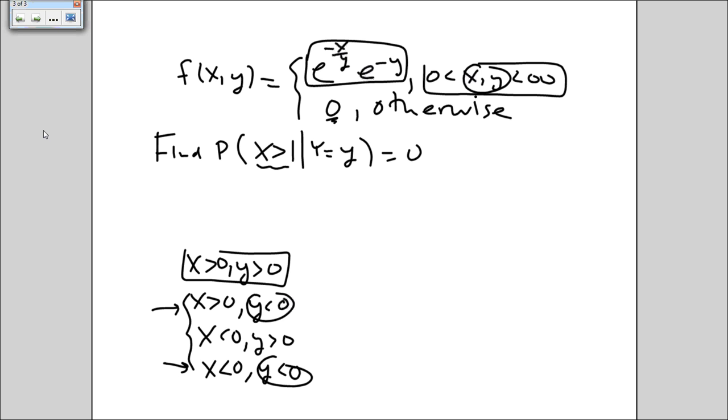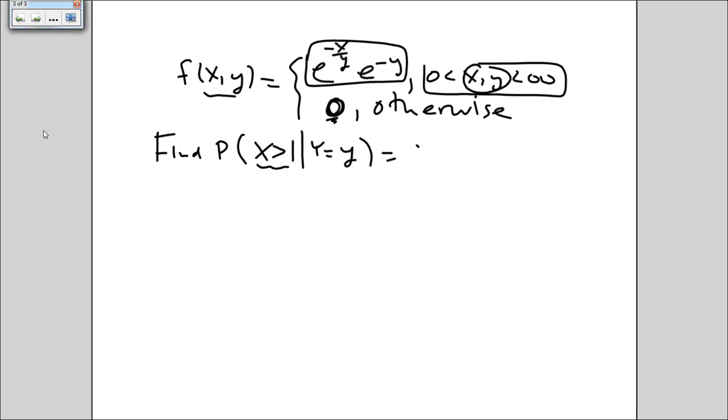What's the probability that x is positive given that y is negative 2? Well, if y is negative 2, you're always going to have f of x, y being 0. But it's not necessarily always the case. Let's erase this and move on.